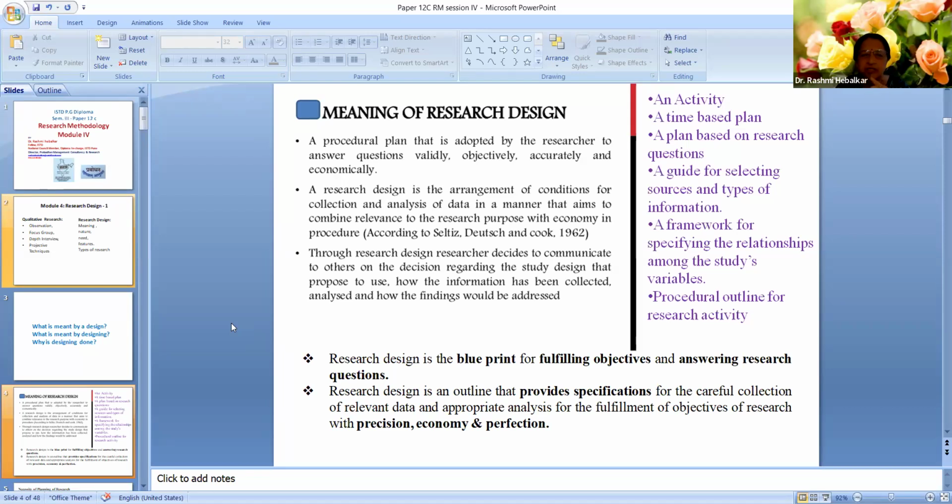Abhishek, all are reading the 3 definitions, which are in 3 bullets. Other matter we have already dealt with.